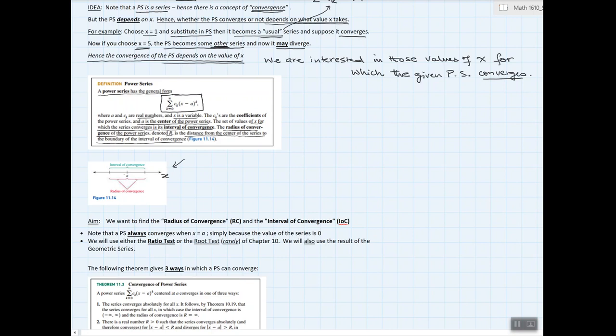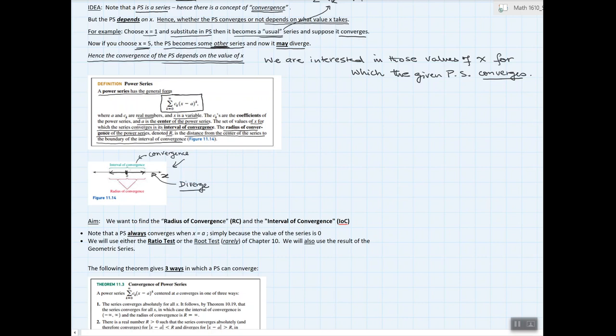Now, for x values between here and here, a is the center, we have convergence. That means if you choose any value of x in this interval, the power series will converge. If you are out of this interval, the power series will diverge.